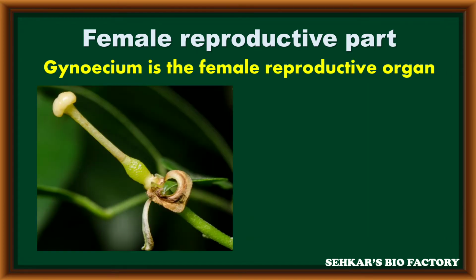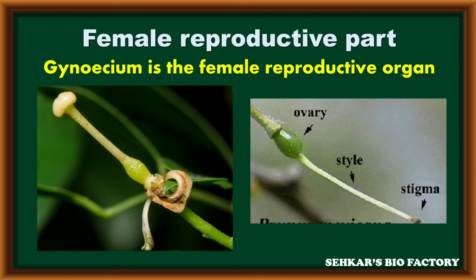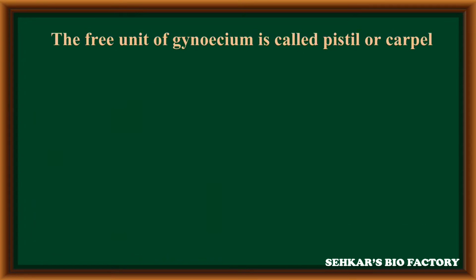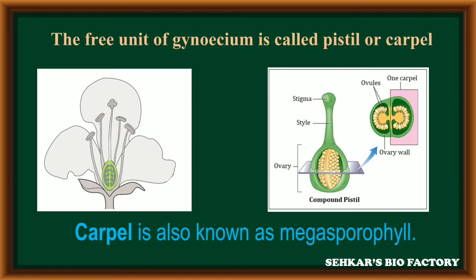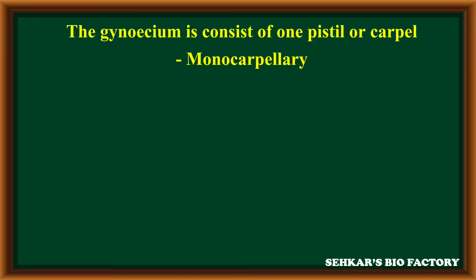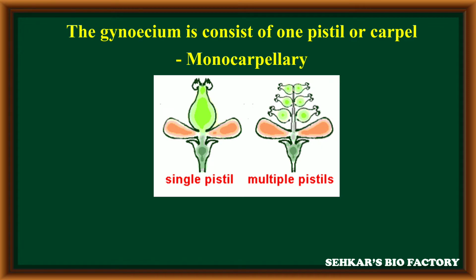In this gynoecium, various parts are present, and the unit of gynoecium is called pistil or carpel. These carpels are technically called megasporophylls.